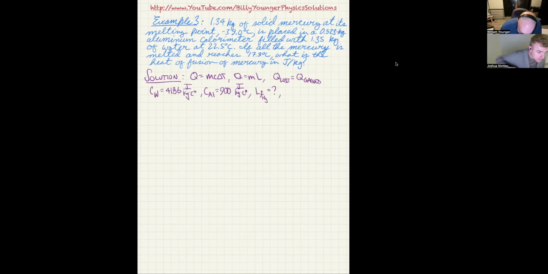We do know the mass of the mercury, and that is 1.34 kilograms, and we know the mass of the aluminum is 0.523 kilograms of aluminum, and we know the mass of the water is, there I go again.